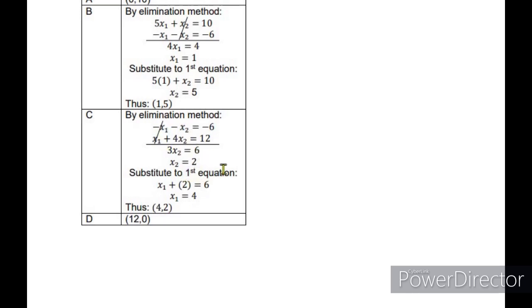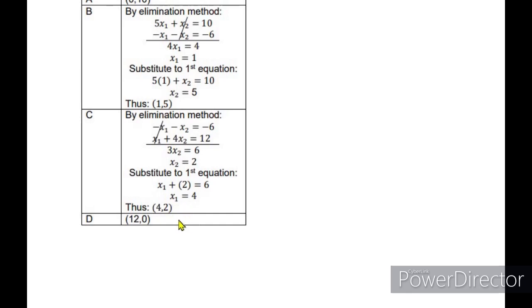Negative x sub 2 plus 4x sub 2 is positive 3x sub 2. Next, negative 6 plus positive 12 is 6. So you have your value of x sub 2 equals 2. So substitute this value to the first equation. You will get x sub 1 is equal to 4. Thus, the coordinates for point C is 4 and 2.